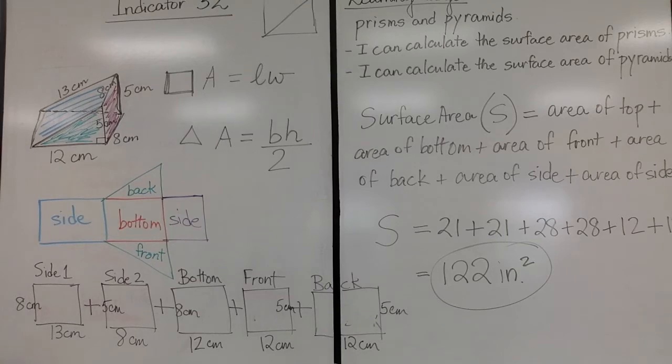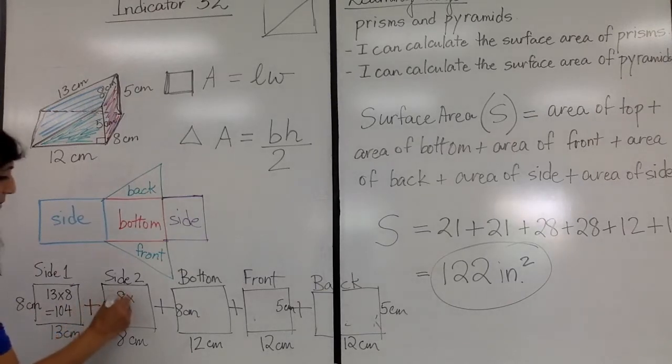So now, let's do side 1. If I do 13 times 8, because this is a rectangle, this is length times width, and I get 104 centimeters squared. For the second side, which is the smaller one, I can do length times width, because that's a rectangle also, 8 times 5, and I get 40.